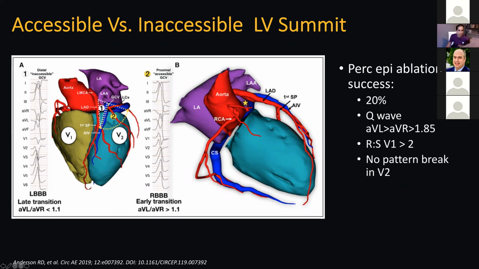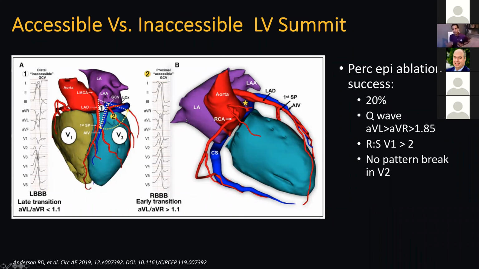So typically you're going to get a left bundle branch morphology since it's more septal, and you have a Perry-His look where the AVL is smaller compared to the AVR. The accessible region is more rightward or more lateral, so you're going to inscribe a right bundle branch morphology with this.